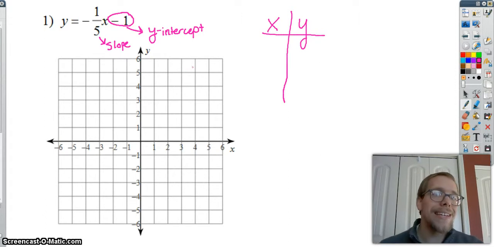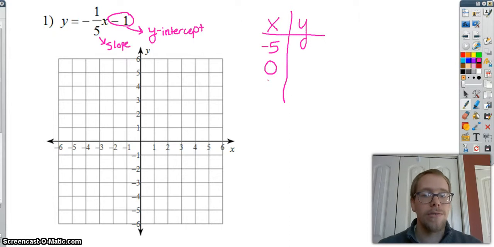And all we need are 3 points. Really, you just need 2 points to define a line, but I'm going to encourage you to use 3 to help us be a bit more precise. So I'm going to use 3 numbers that I know fit on this x-axis that are divisible by 5: negative 5, 0, since 0 divided by 5 is just 0, and then positive 5.